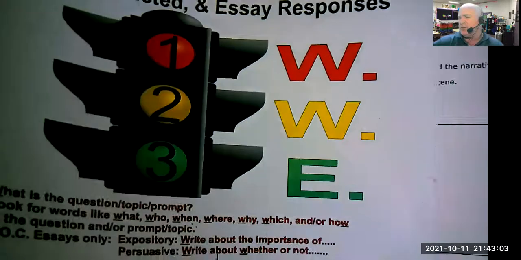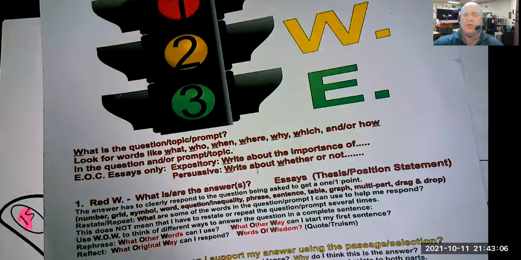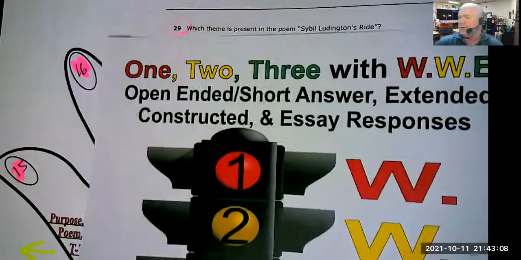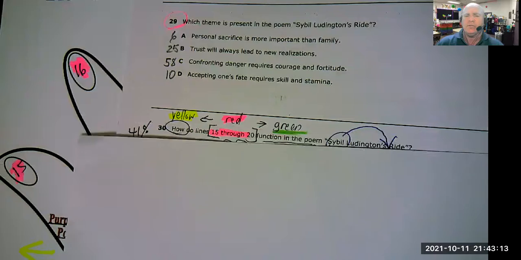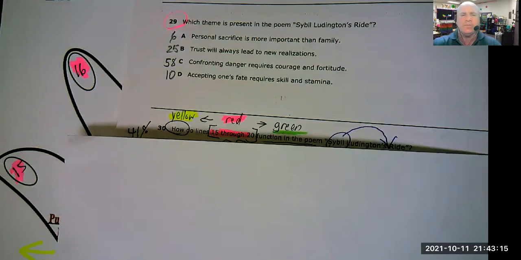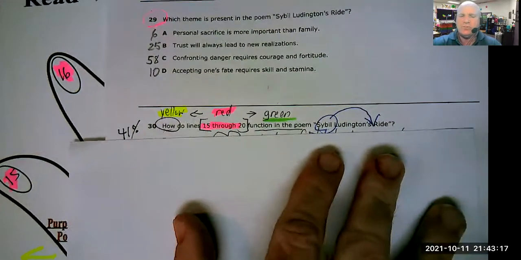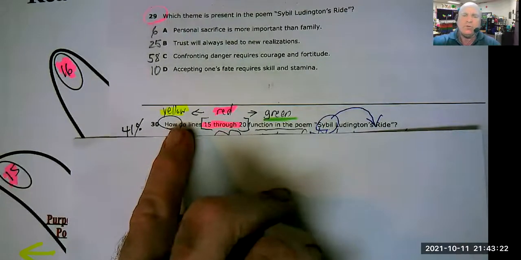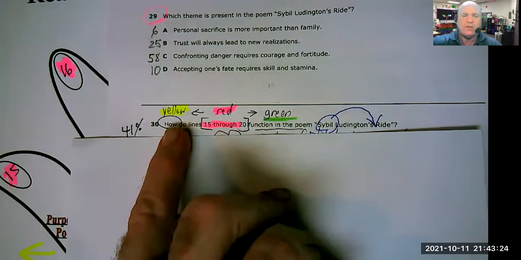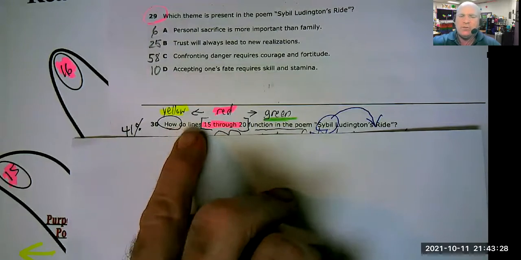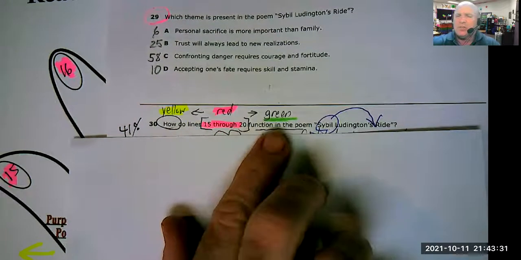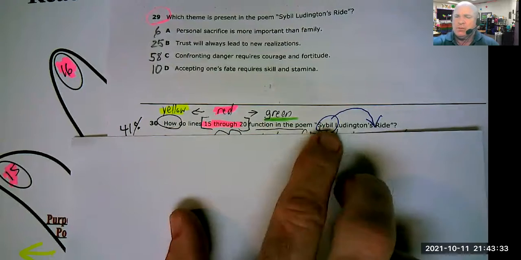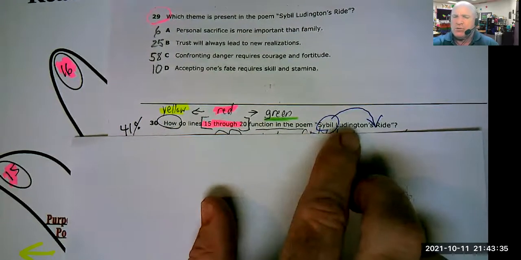But what I'm going to do is I'm going to cover it up so you can't see the answers yet. So this question in ninth grade, I said, look for the words who, what, when, where, why, which, how, and this happens to be how. How do lines 15 through 20 function in the poem Sybil Ludington's Ride?